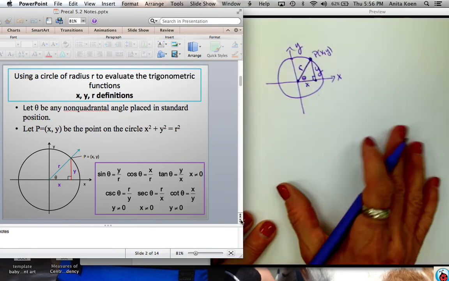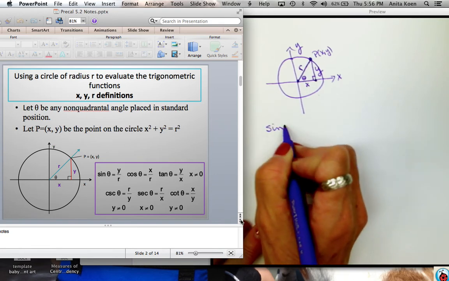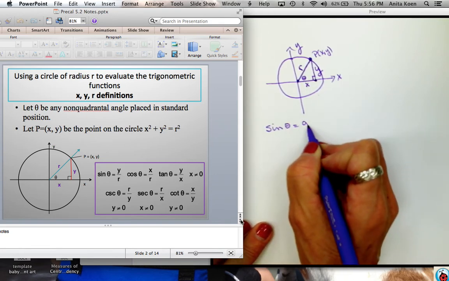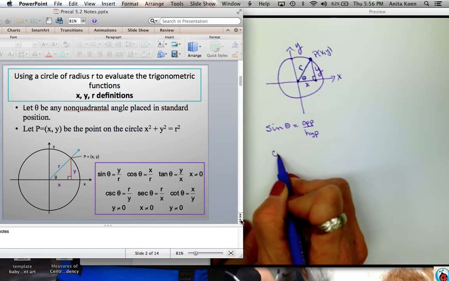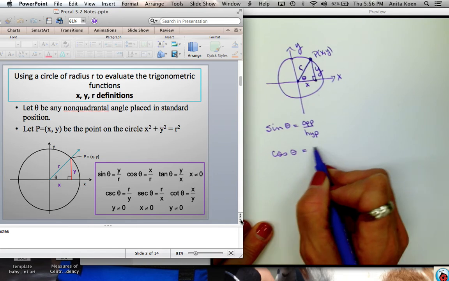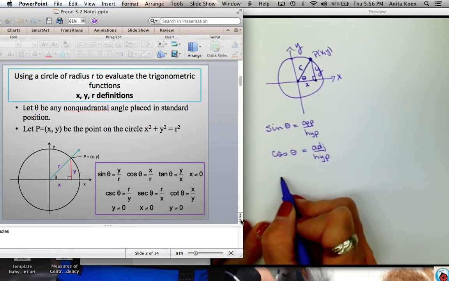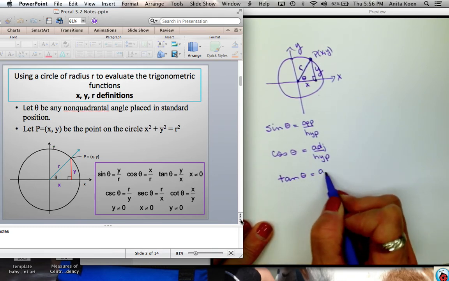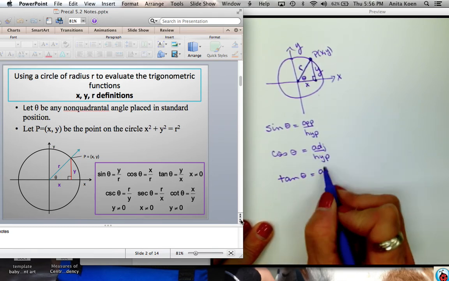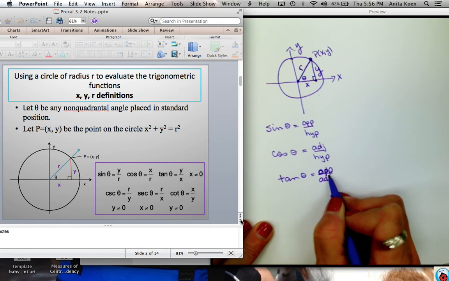Now, what we know from previous lessons is that the sine of theta is equal to the opposite over the hypotenuse, and the cosine of theta is equal to the adjacent over the hypotenuse, and the tangent of theta is equal to the opposite over the adjacent. I was getting ahead of myself there.